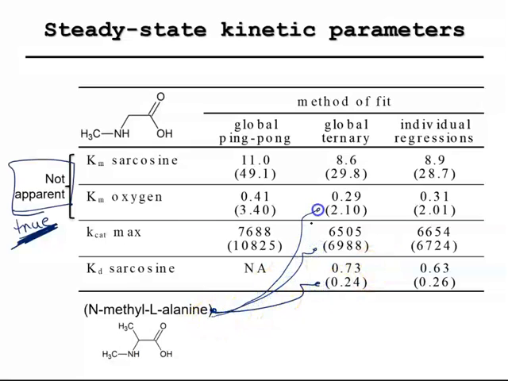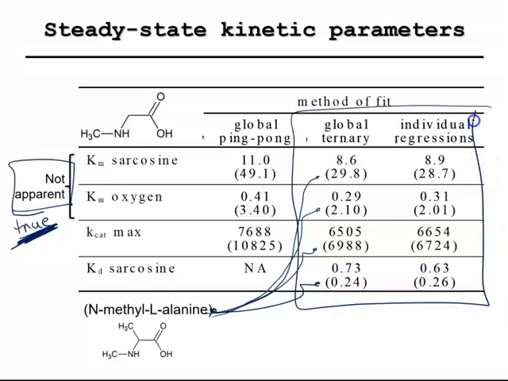At any rate, you can see that if we do individual regressions versus these other types of fits, the individual regressions line up well with the global ternary mechanism. So by doing these types of kinetic studies, you can also discern the mechanism for an enzyme.